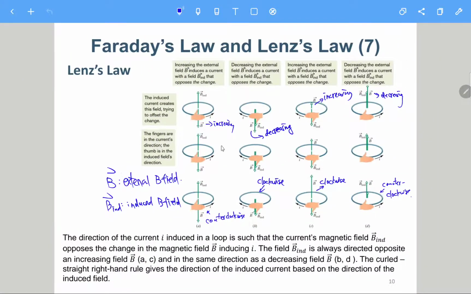Which means if you regard this direction as positive, then pointing downward and increasing is just like decreasing, and pointing downward and decreasing is just like increasing. Pointing upward and increasing is increasing, and pointing upward and decreasing is decreasing. You can consider it like this.